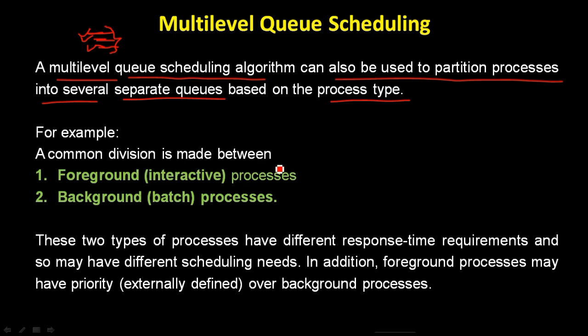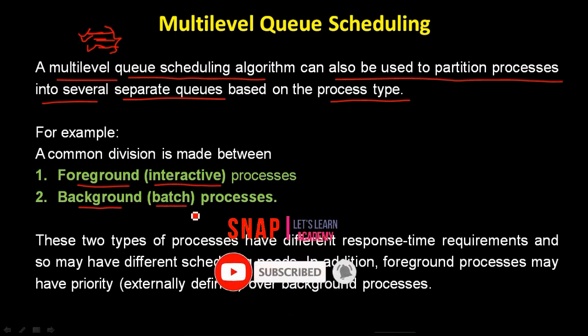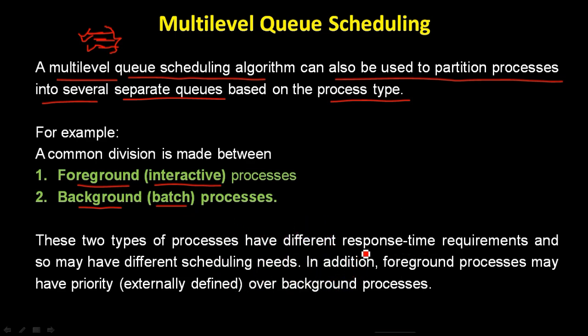For example, there is a common division made between foreground processes and background processes. Foreground processes are also called interactive processes, and background processes are also called batch processes. These two types of processes have different response time requirements, and so may have different scheduling needs.